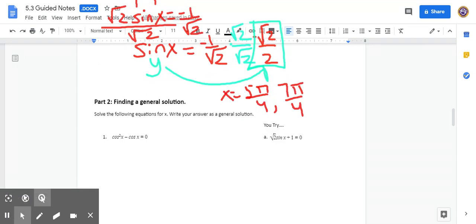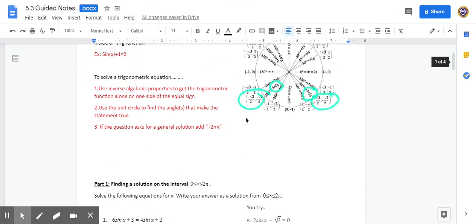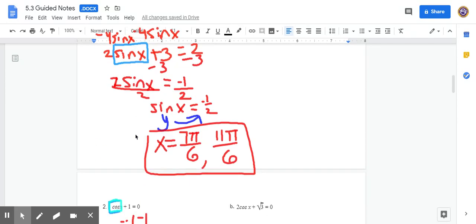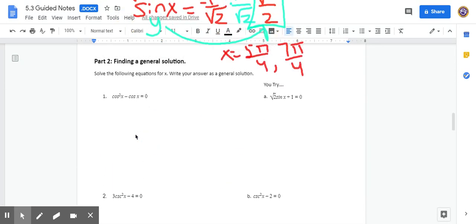So for part 2, it says, solve the following equations for x, write your answer as a general solution. So now we have to do that third step up here where it says if the question asks for general solution, add plus 2 pi. So now we have kind of a different looking equation. We have a square in here. So anytime we have a square, cosine squared, we want to factor.